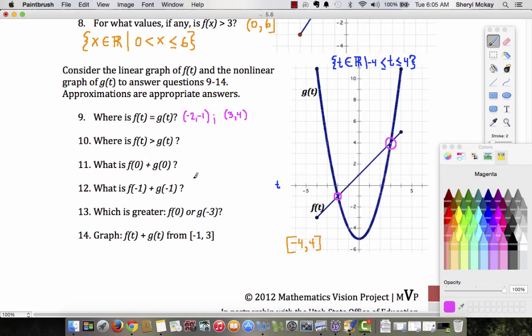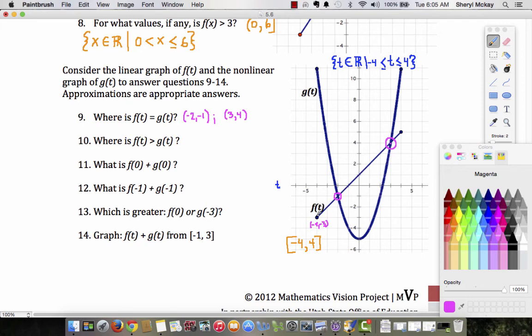So let's just try this point right here. If I put in the value of -4 for t, on f of t, I get -3, because this point is (-4, -3).